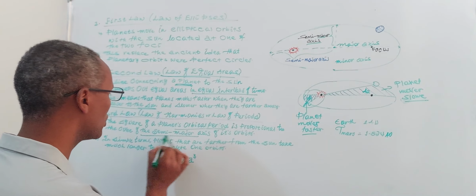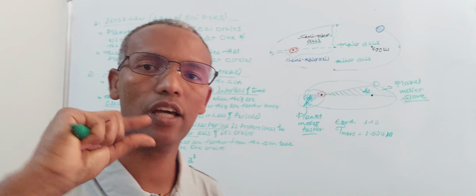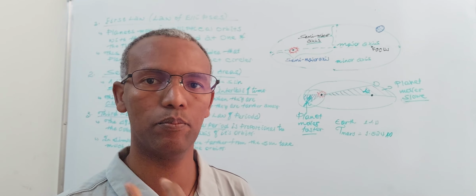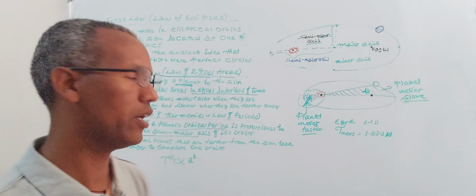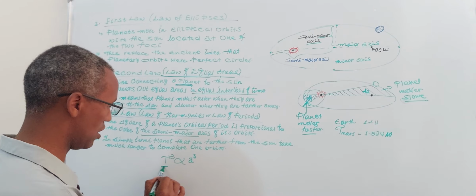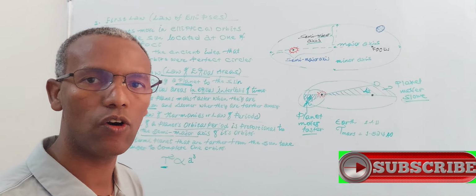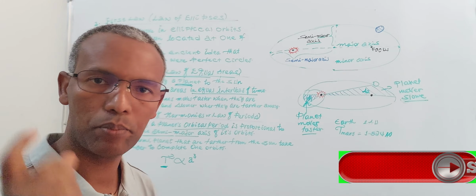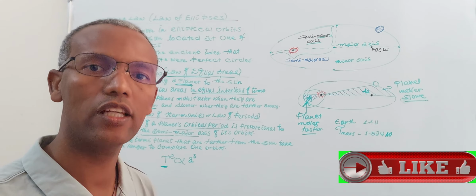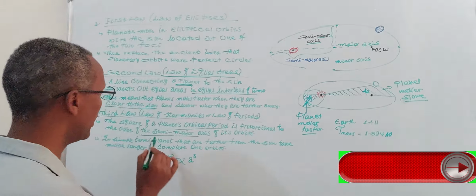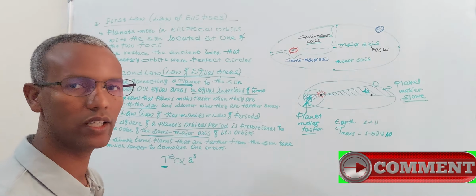The square of the orbital period, which we can represent with T or P, it doesn't matter, I use a T over here, is directly proportional to the semi-major axis.